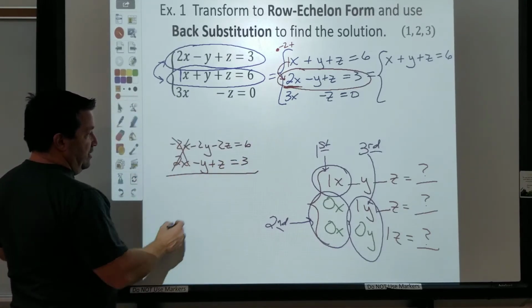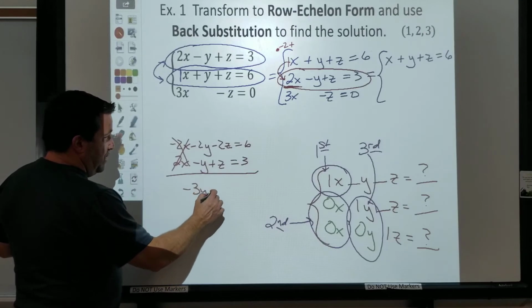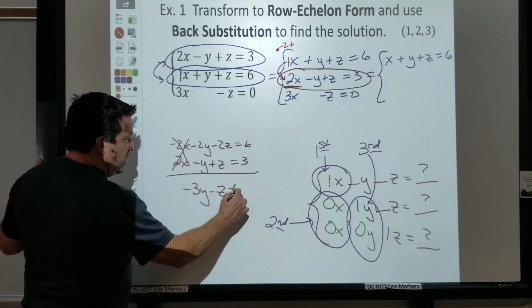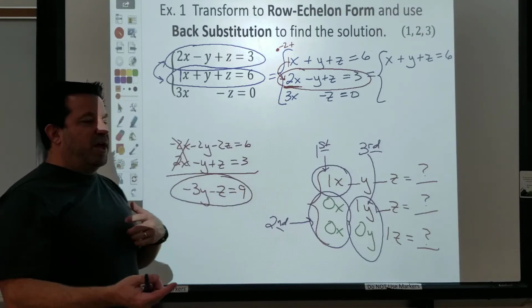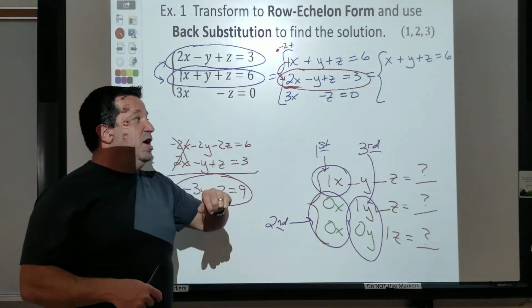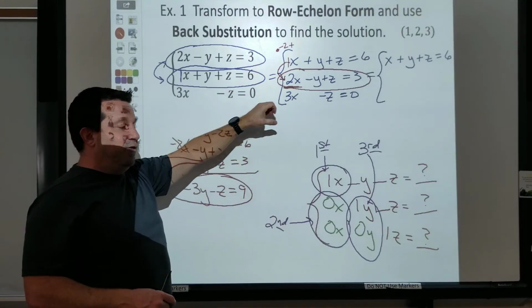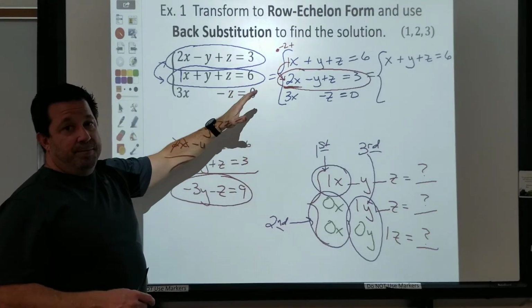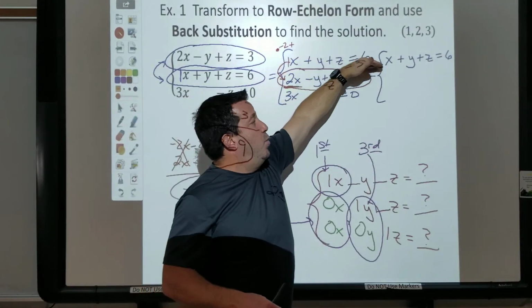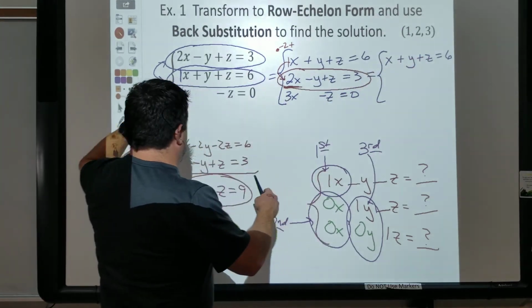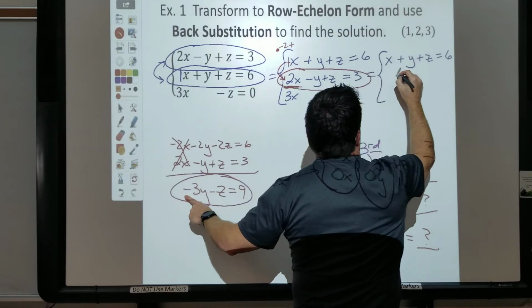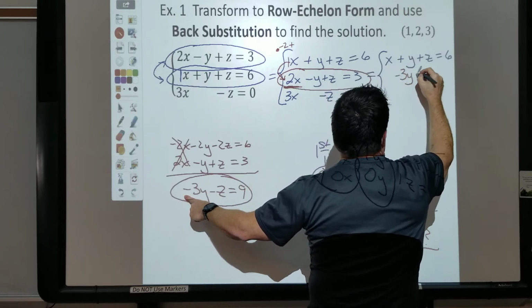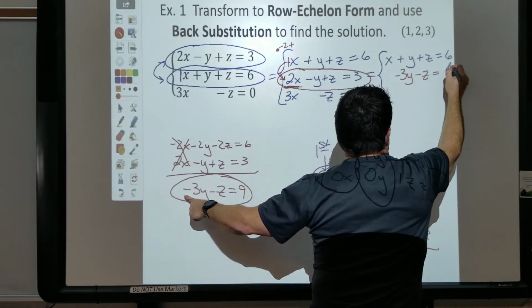These eliminate, and I get negative 3y minus z equals 9. So see this new equation I get here? This is where that rule number 3 said you could combine 2 equations together and then replace one of them. I can't replace the top one. I don't want to replace the top one. But I'm going to replace this one with this new equation. So I'm going to put the negative 3y minus z equals 9 right there.